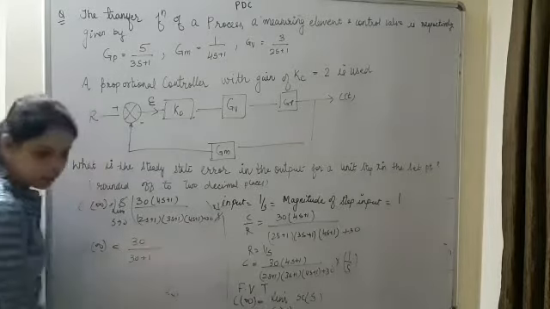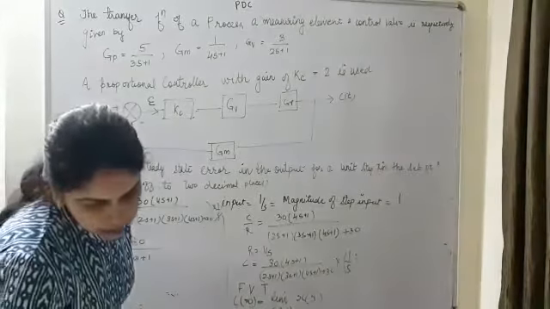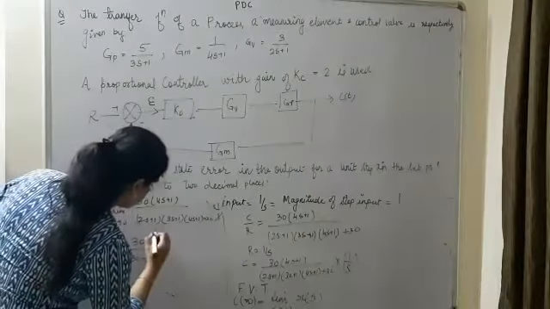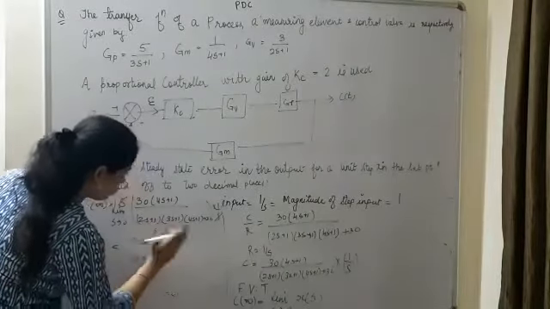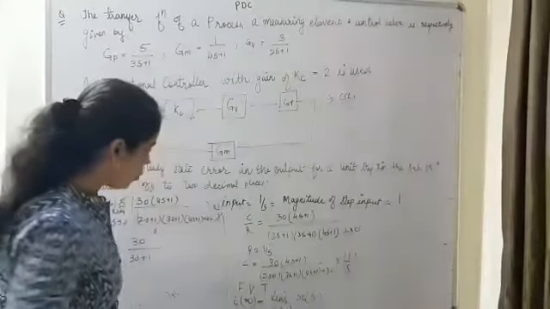When you solve this, you will get the value of this as 6. You need to just multiply this, open the bracket.